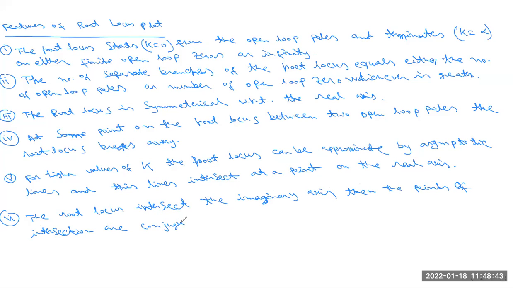So these are the basic rules, the features we have to explain one by one. You have to remember these features of the root locus method. The root locus intersects the imaginary axis, that is the y-axis, and the points of intersection are conjugate points. We will calculate the breakaway point or break-even point in the next classes also.